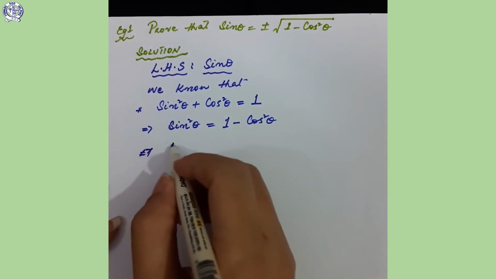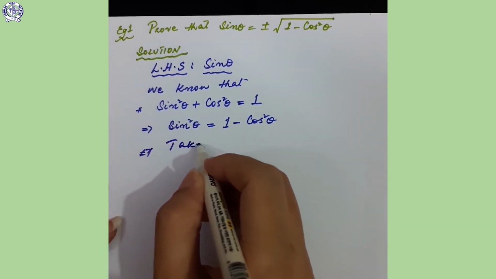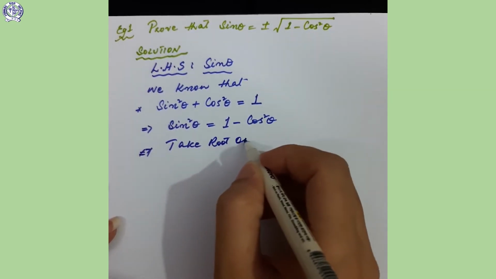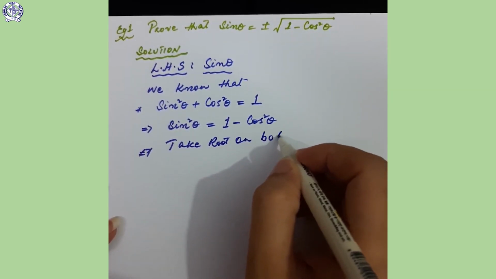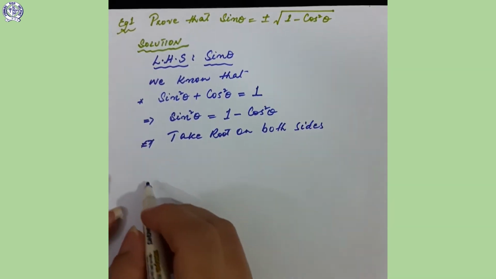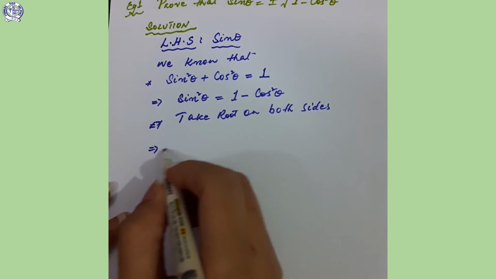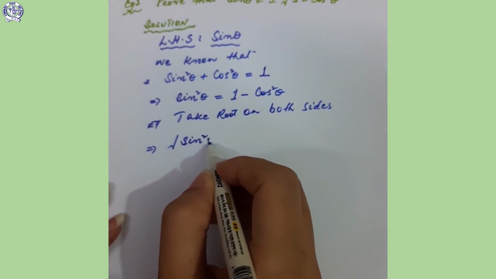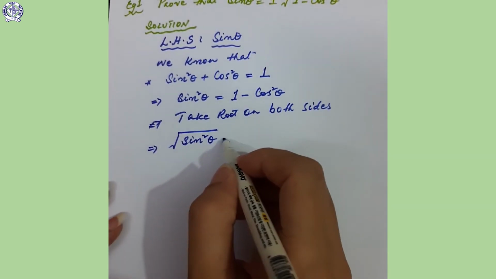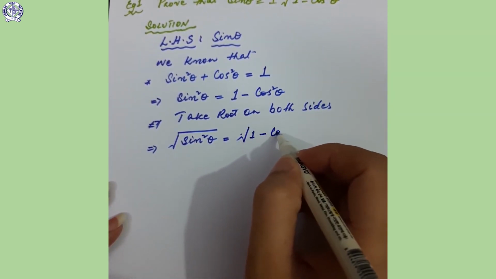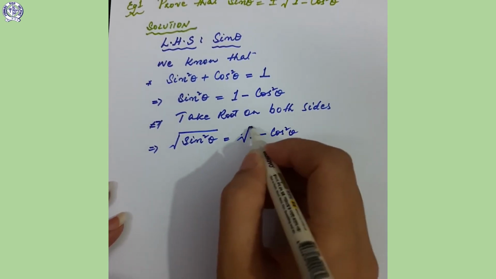Take root on both sides. So it means under root sine square theta equals under root 1 minus cos square theta.